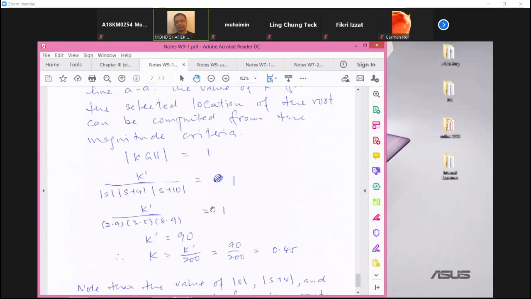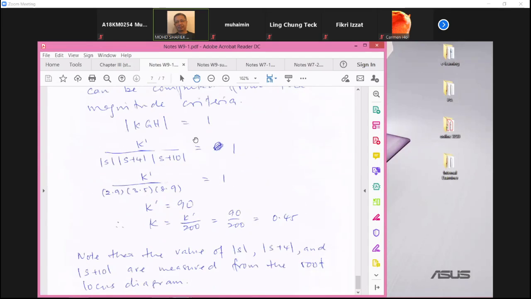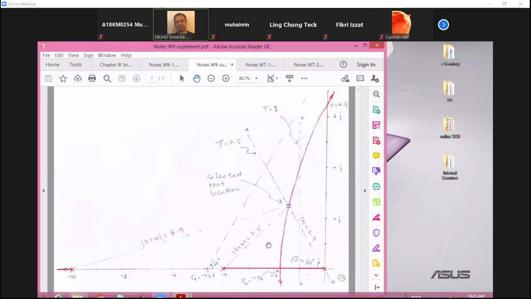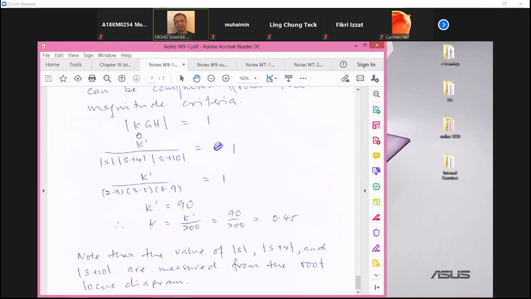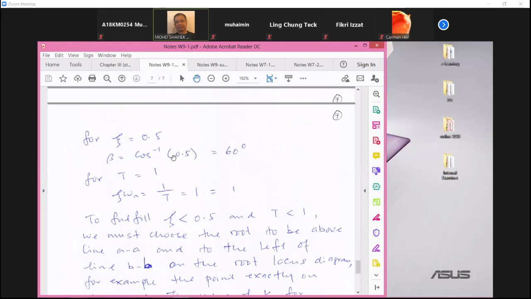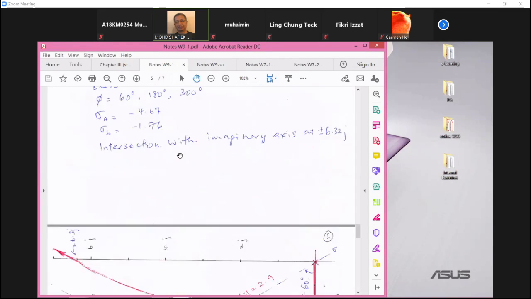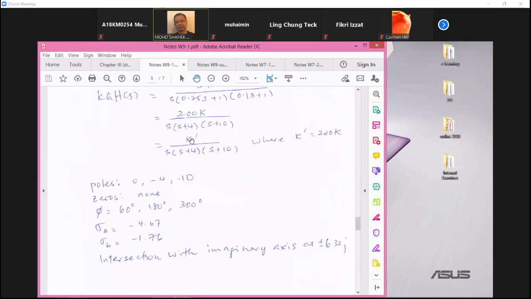The magnitude criterion says that the magnitude of KGH must be equal to 1. When we select that point, the open loop transfer function KGH is K prime divided by s(s+4)(s+10).